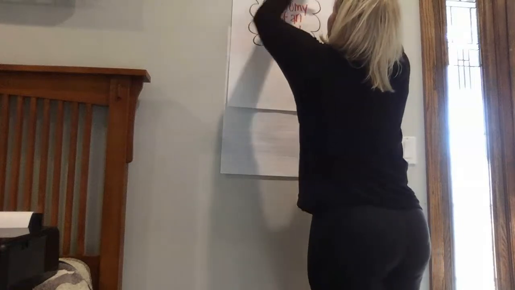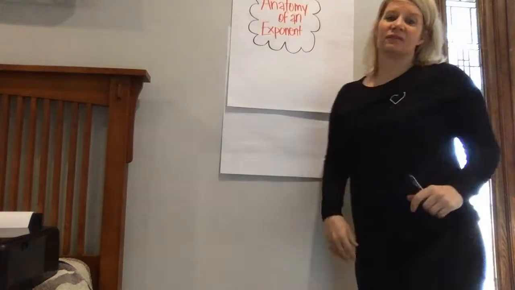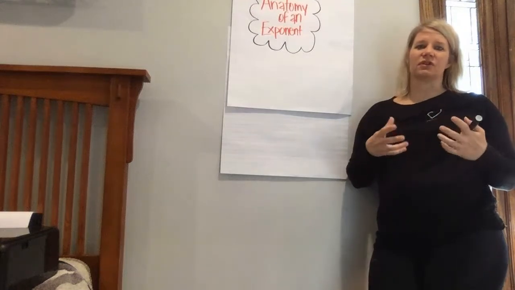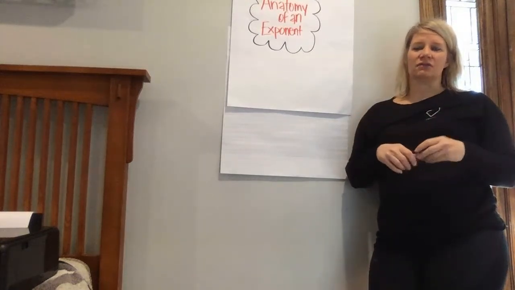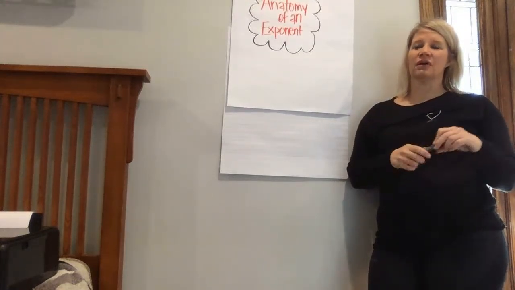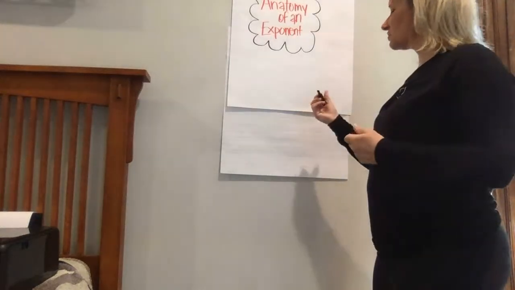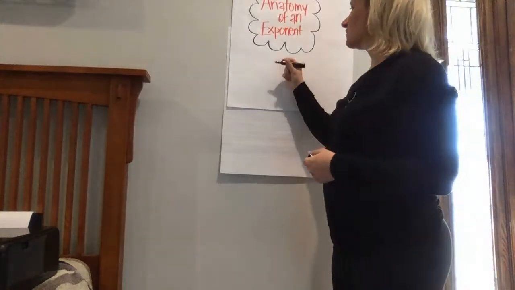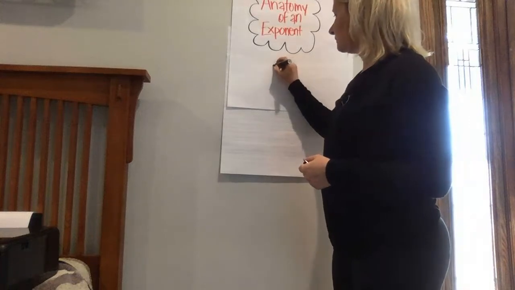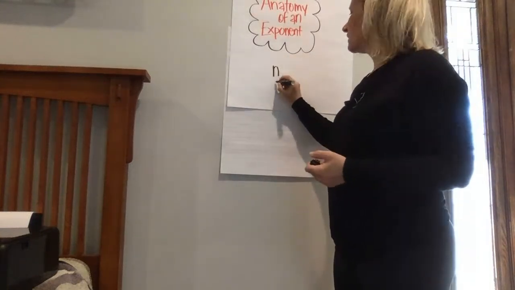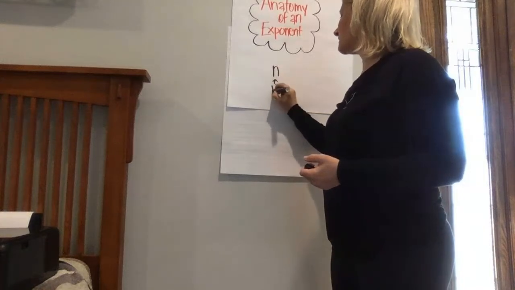When we talk about the anatomy, we talk about what things are made of, like the anatomy of our body. We're made of fingers and toes and arms and legs and ears and eyes. So I thought that was a good word to talk about exponents with. There's two parts to an exponent. You'll see a big number. I'm just going to use n because it can mean any number, and this we call the base.